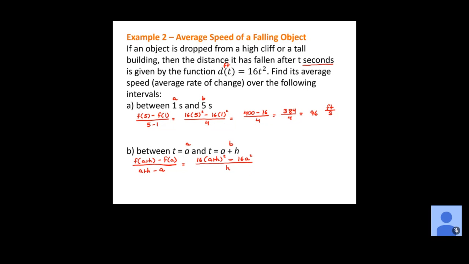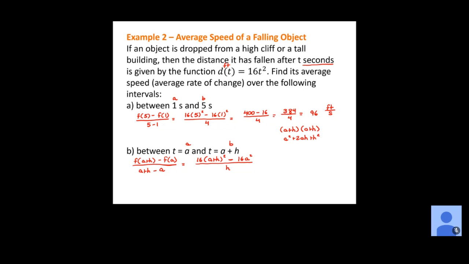So we have to square the a plus h first, and then we can distribute the 16. Well, a plus h squared, remember, is just a plus h times a plus h. So what's that going to give us if we multiply that out now? Good. A squared plus 2ah plus h squared, right?